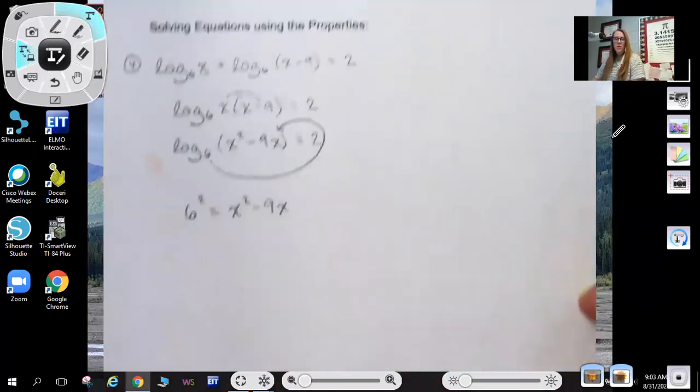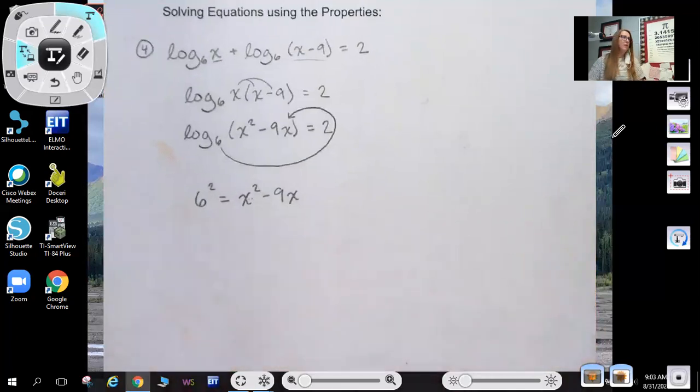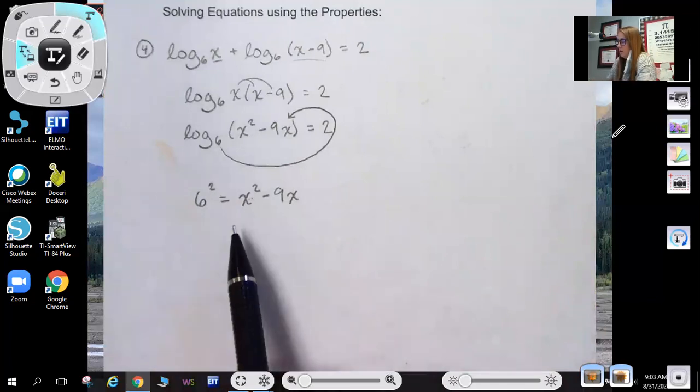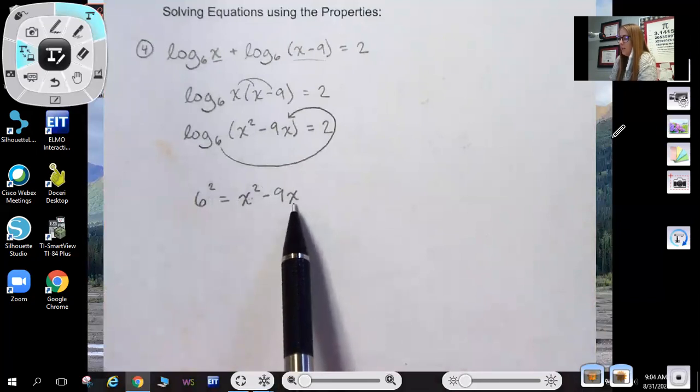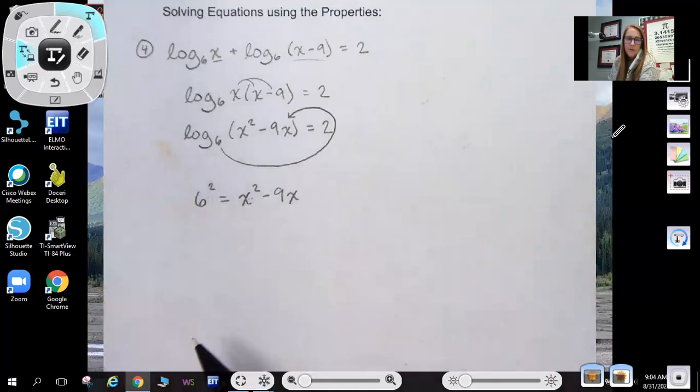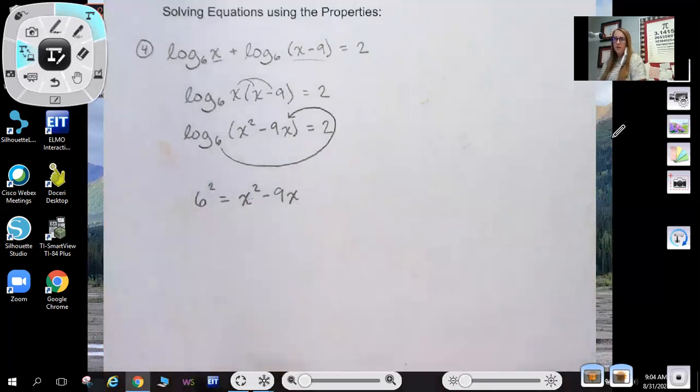As you're working these, once you don't have any logarithms left in your problem, that's when you start solving for x. I know that I have x squared and a term that has just x. That should tell you that you're going to have to factor in order to solve. To factor, you want everything on the same side. You want your x squared to stay positive, which it is already.